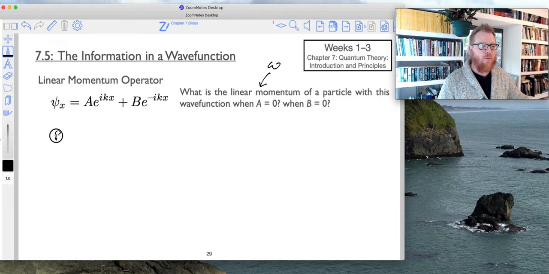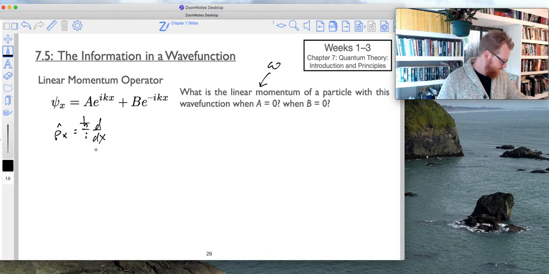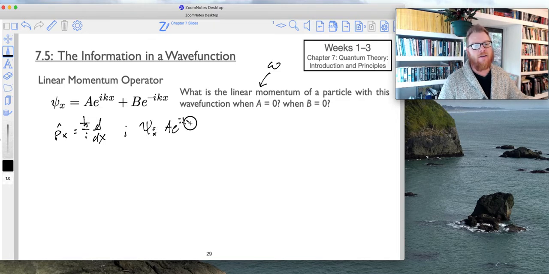So the linear momentum operator, recall, is the following: h bar over i d/dx. Now if I use this operator and operate on psi, let's do it for when b equals 0 initially. Suppose psi is a e^(ikx).